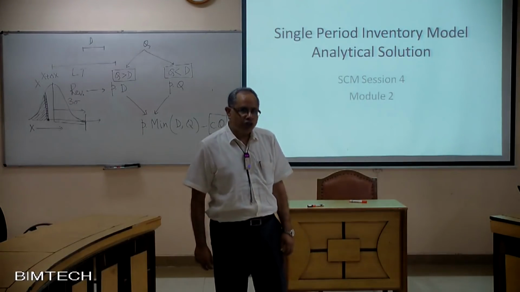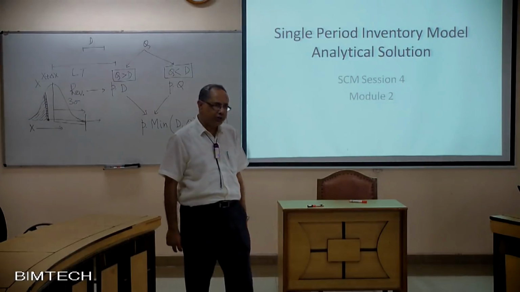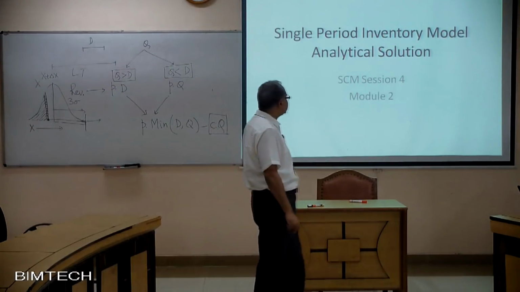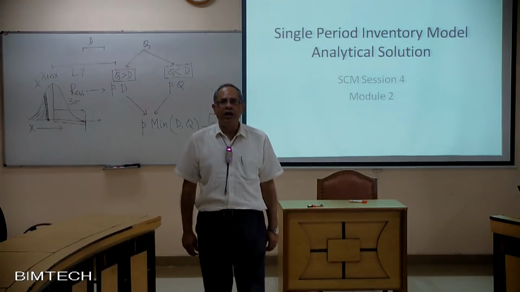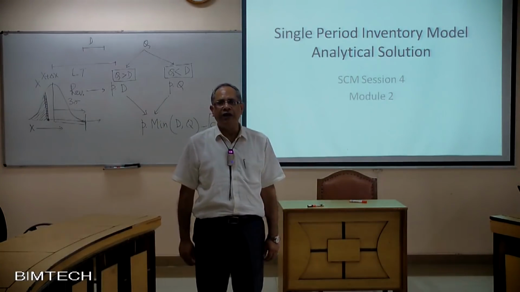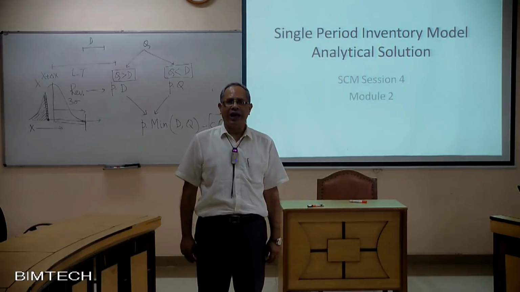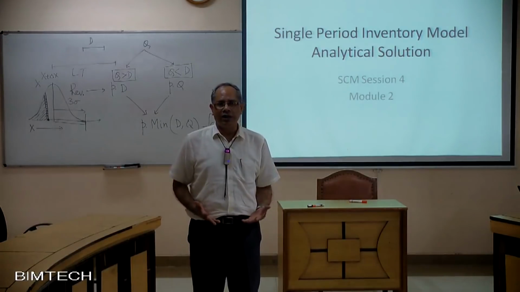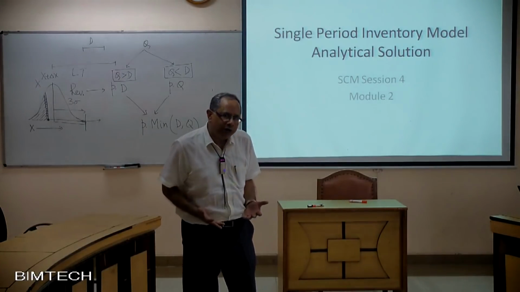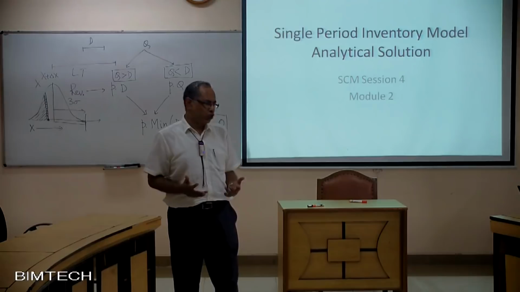In the first module of this session, we had started discussing the single period inventory model, and we had used the NFL replica jersey example to demonstrate the numerical method of arriving at a solution.